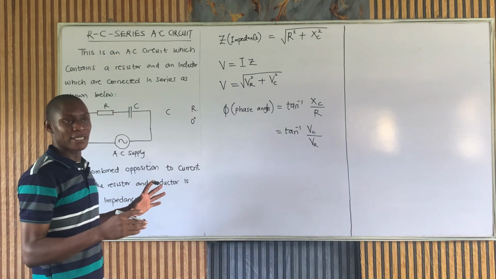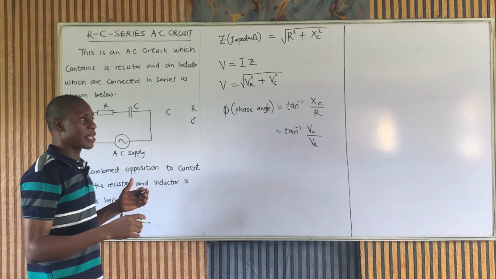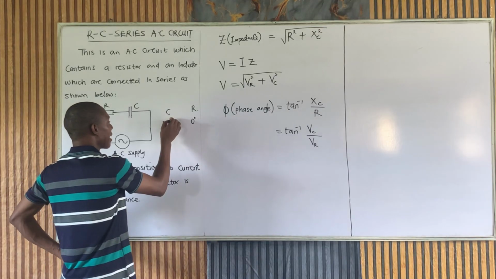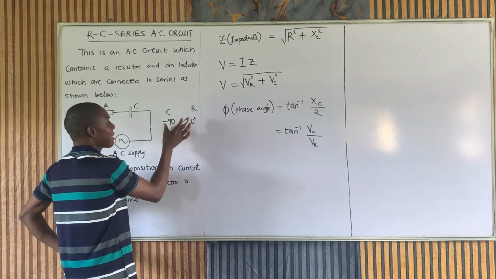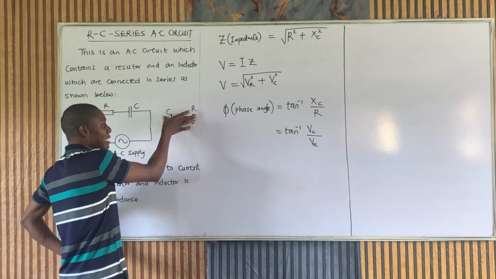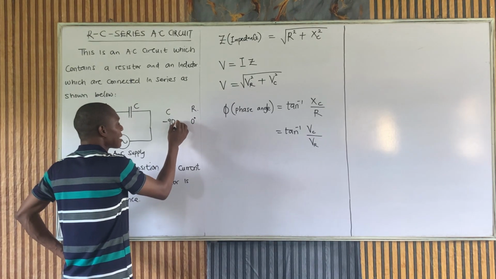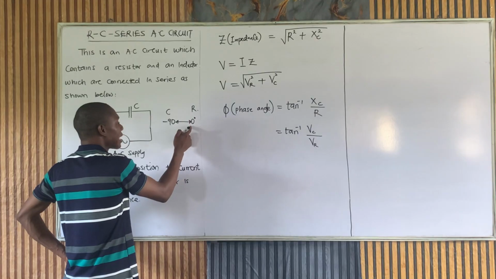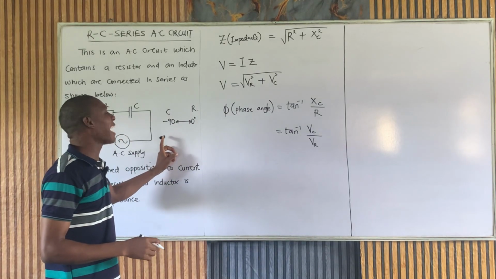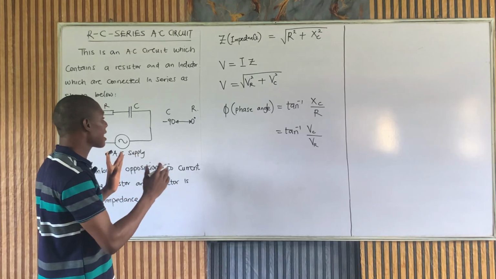But in a capacitor, the voltage lags the current by an angle of minus 90. By the time you combine these two components in an AC circuit, your phase angle will lie between 0 and 90. So it will always be negative. It won't be 90 and it won't be 0, but lies between 0 and 90.